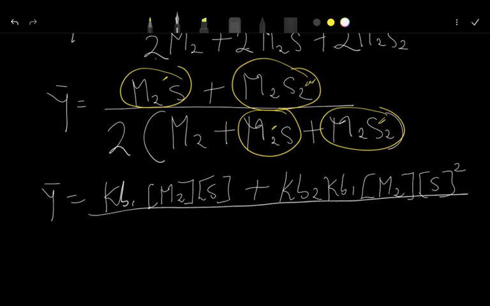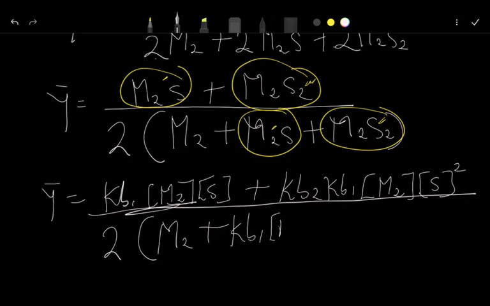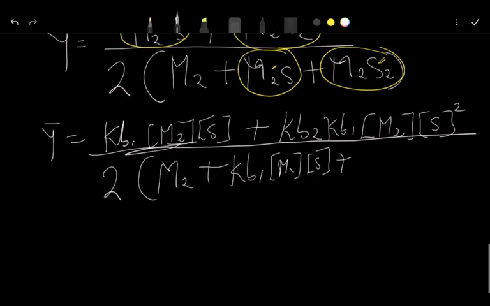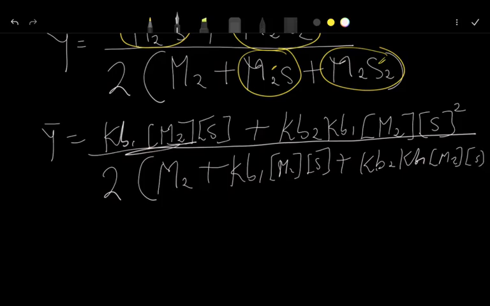Then all over 2 in bracket m2 plus m2s, which is KB1 m2 s, plus m2s2, which is KB2 KB1 m2 s squared.